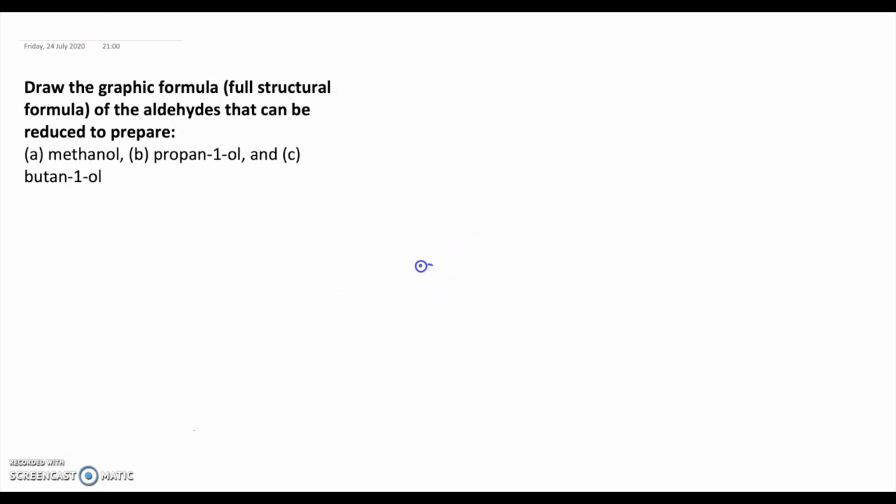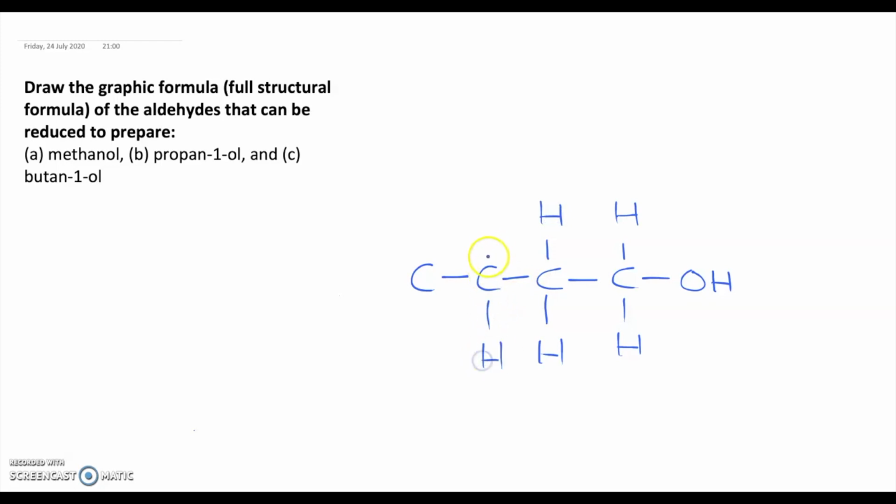So for question C, I'm asked to draw the aldehyde that forms butan-1-ol when it is reduced. So first of all, I'm going to draw butan-1-ol, and in butan-1-ol there's an OH group on carbon 1. So I'm now going to put in all the hydrogens for butan-1-ol, and then all I'm going to do to find out the aldehyde that is reduced to form butan-1-ol is remove hydrogen from butan-1-ol.